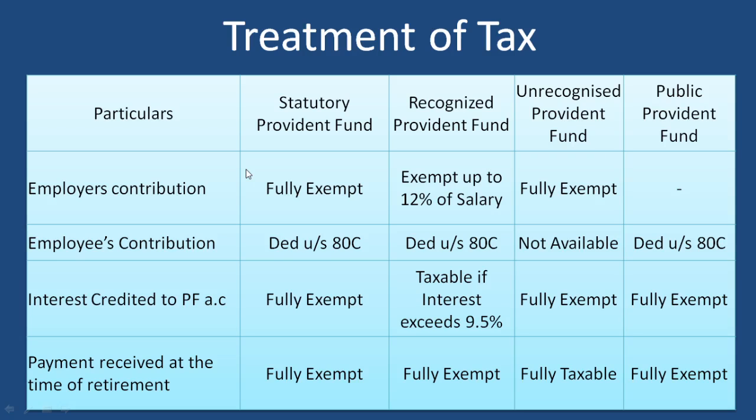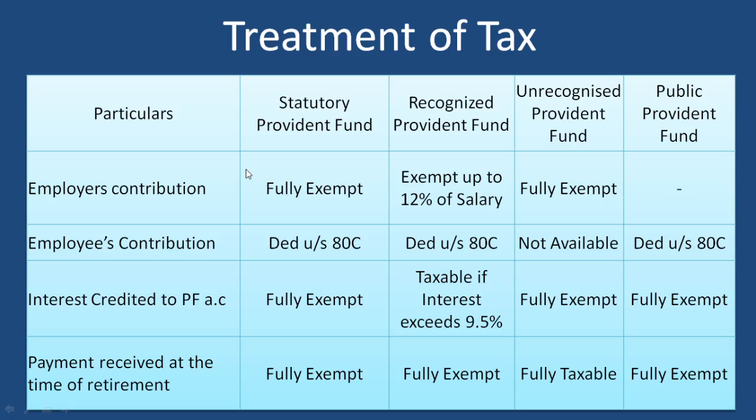Then the employee's contribution to the recognized provident fund is considered for deduction under section 80C. Then interest credited to the recognized provident fund is taxable if the interest exceeds 9.5%. The interest above 9.5% will be taxable. Then the payment received at the time of retirement is fully exempt for recognized provident fund.